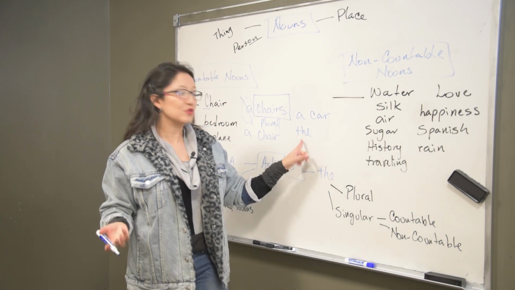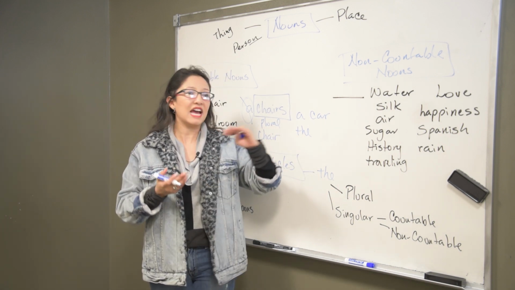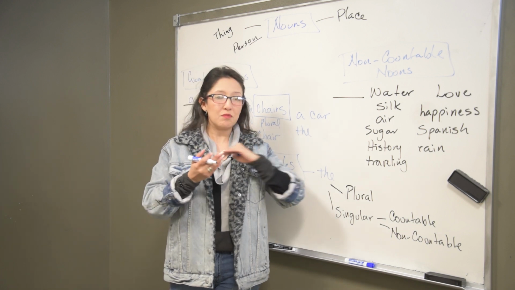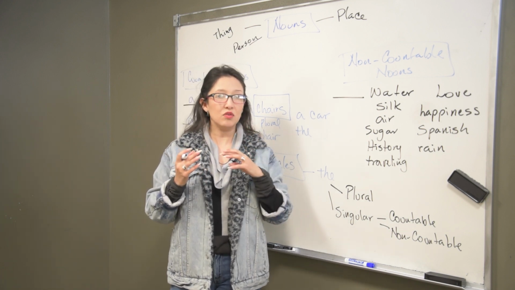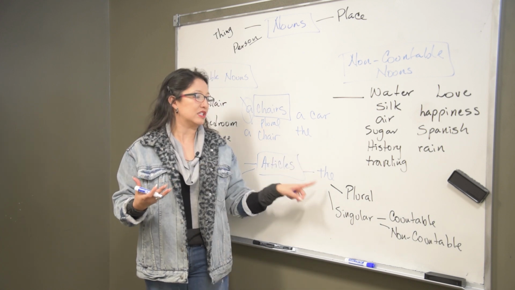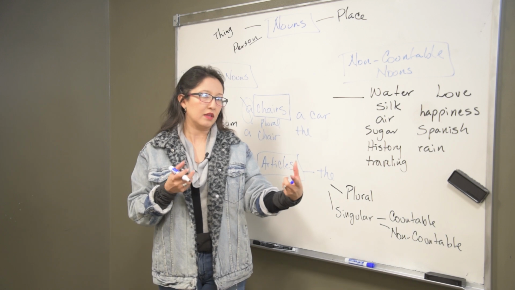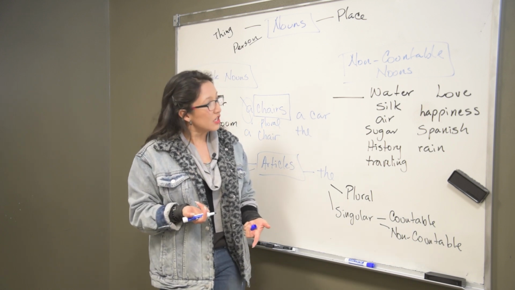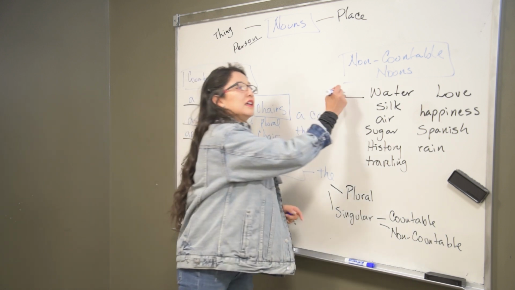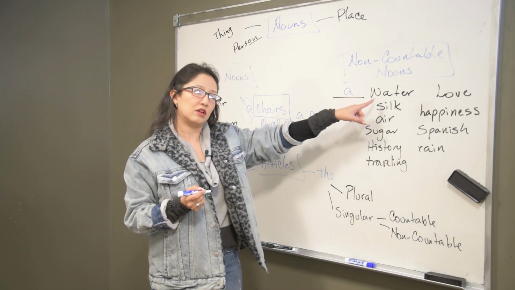So we use the. So usually we explain to students that when we have previously mentioned the noun, when we mention the noun again, we use this article because it helps us to identify the noun, okay? So in this case, can I say a water? No, I cannot say a water because this is not countable.